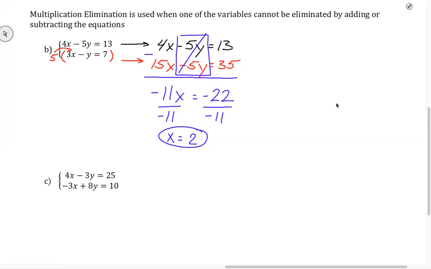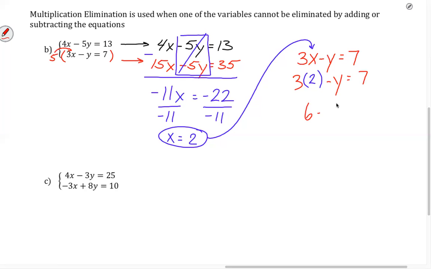So in the bottom equation, which was 3x minus y equals 7, I'm going to go ahead and take this x and plug it in. So that gives me 3 times 2 minus y equals 7. So 6 minus y equals 7.